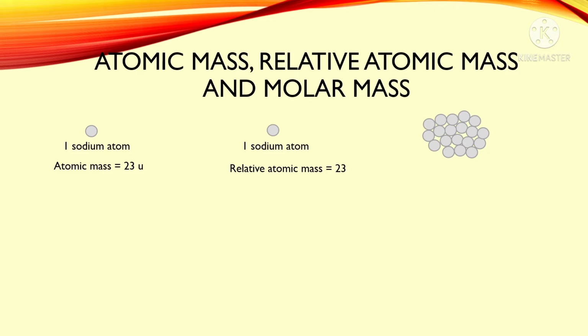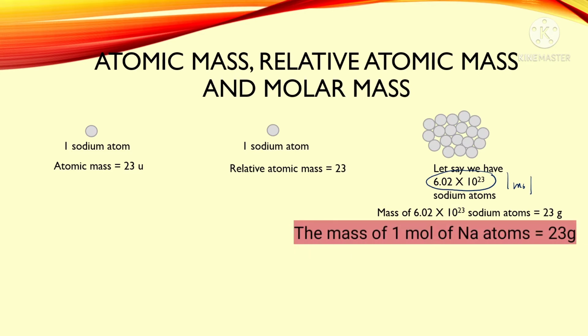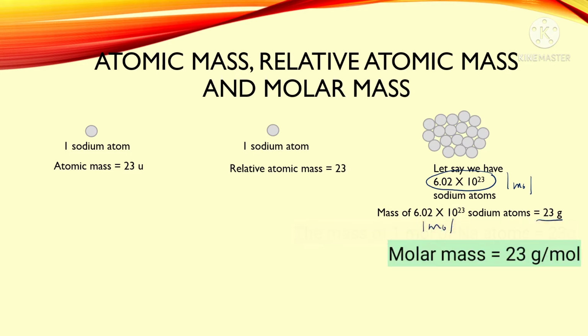Let's say now we have 6.02 times 10 to the power of 23 sodium atoms, and we weigh the atoms, and the mass that we get will be 23 grams. And we know that 6.02 times 10 to the power of 23 is equivalent to 1 mole. So we can also say that the mass of 1 mole of sodium atoms is 23 grams. The molar mass of sodium atoms is actually 23 grams per mole.